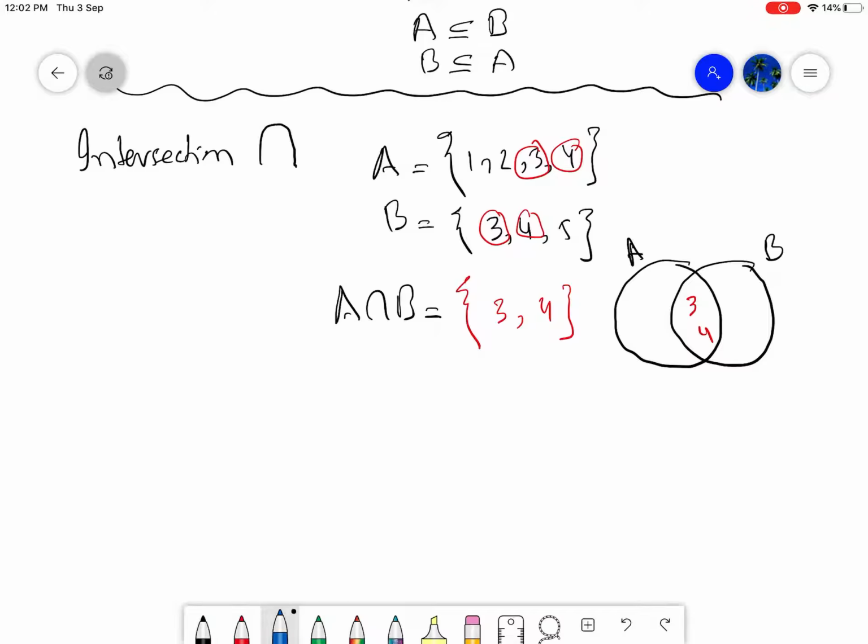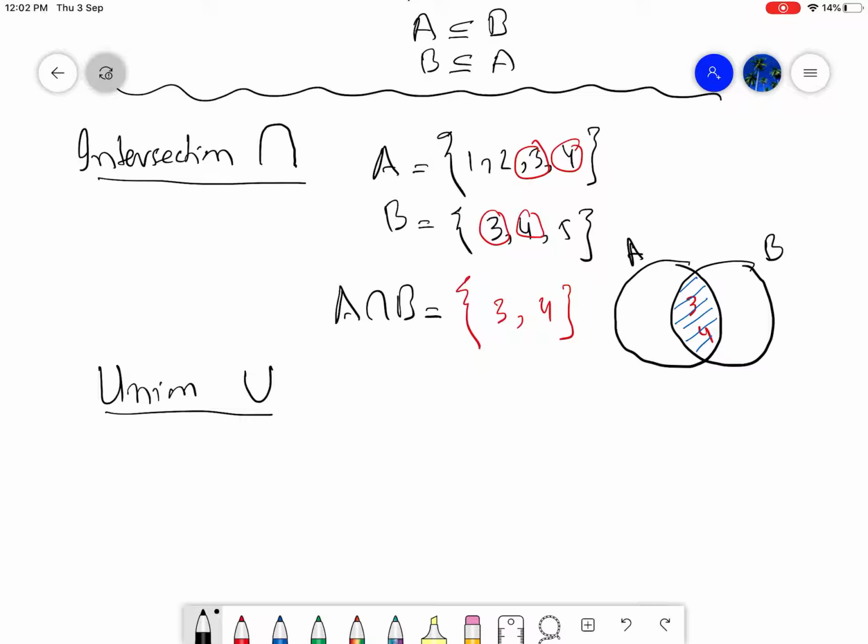And if you want to shade it, you can shade this part. So this is intersection. A intersection B is basically, in a Venn diagram, you have to shade the common part of both overlapping circles. Okay. The next operation is union.